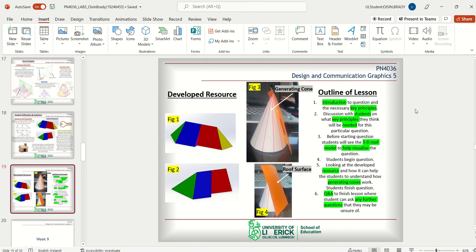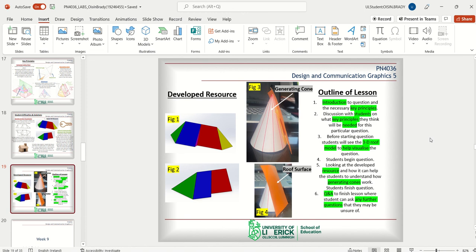Then the outline of the lesson: a simple introduction to the key principles at the start, and then a discussion with the students to see what key principles they think are needed for the question. Just before starting the question, have a quick look at the 3D roof model in SolidWorks to help students visualize the question before they start into it.